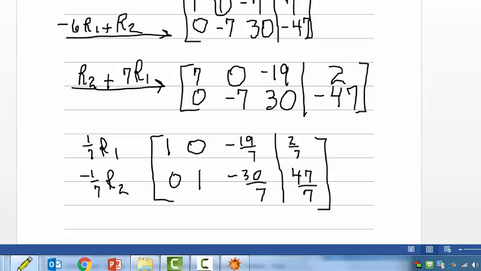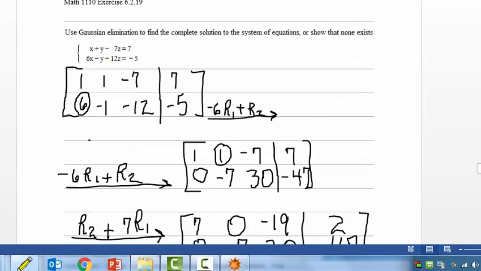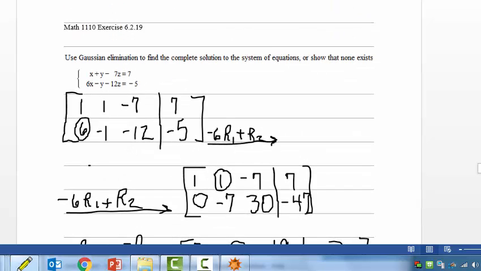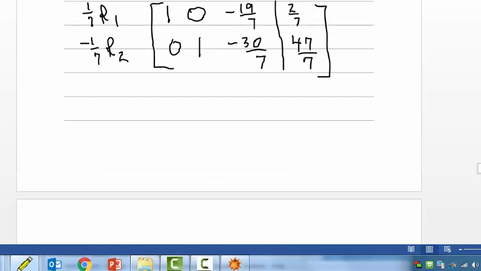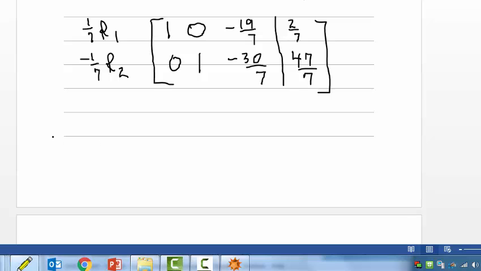Alright, so the problem told me to find the complete solution to the system of equations. So notice that row 1 is telling me that x minus 19 over 7 z is equal to 2/7.